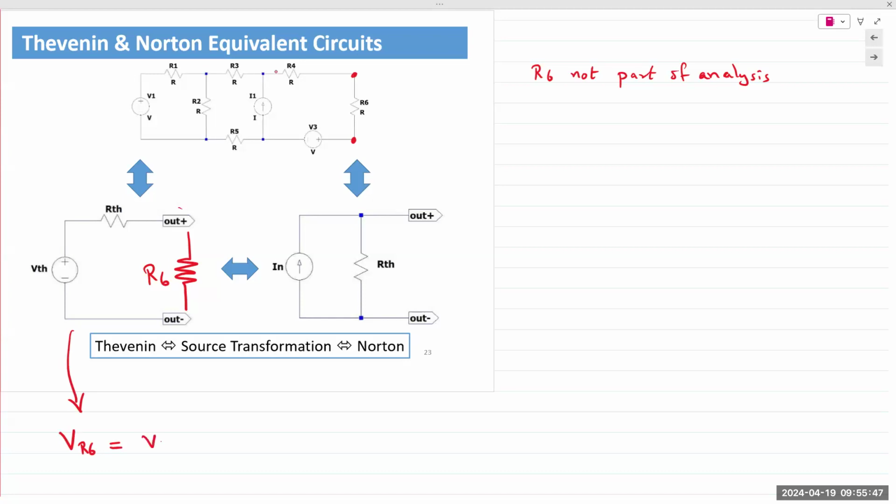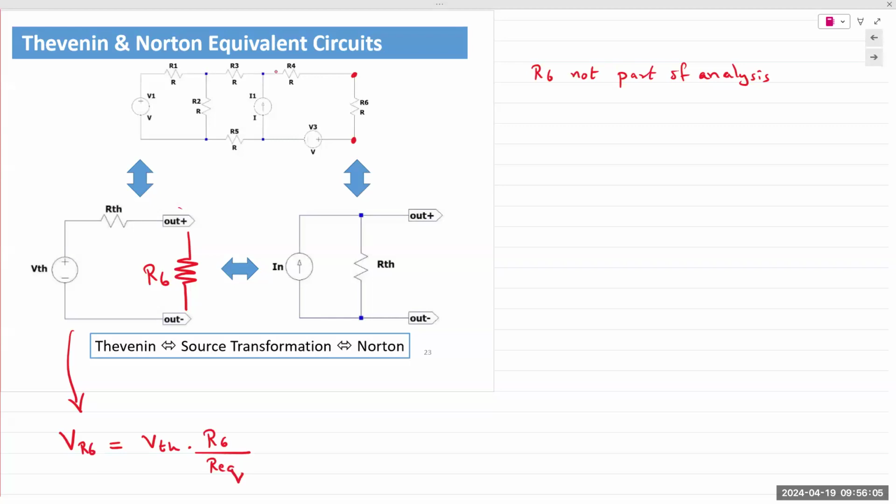You apply KVL. You can find the voltage by applying Ohm's law, or you simply apply voltage division, and you have a one-step answer.